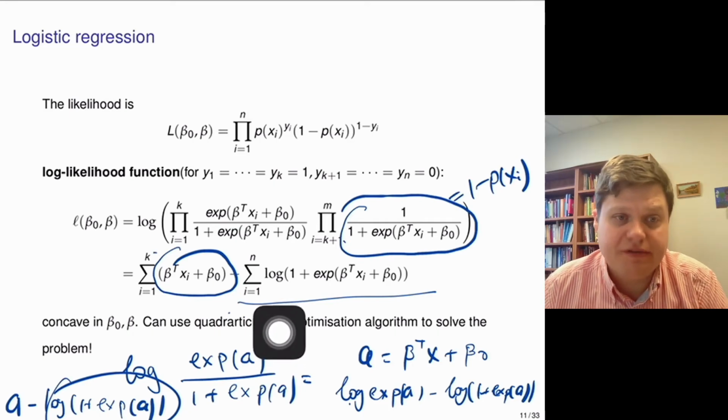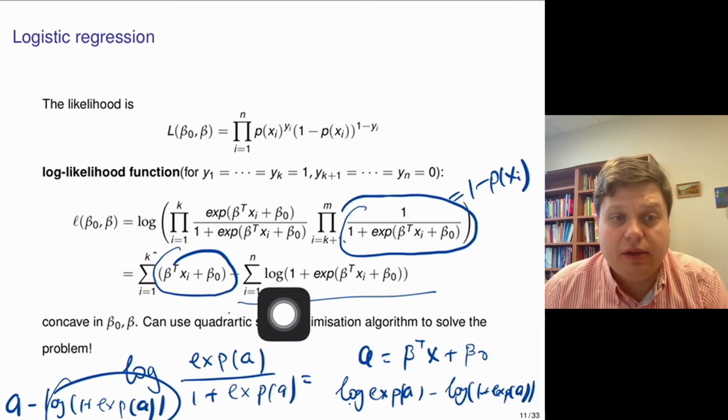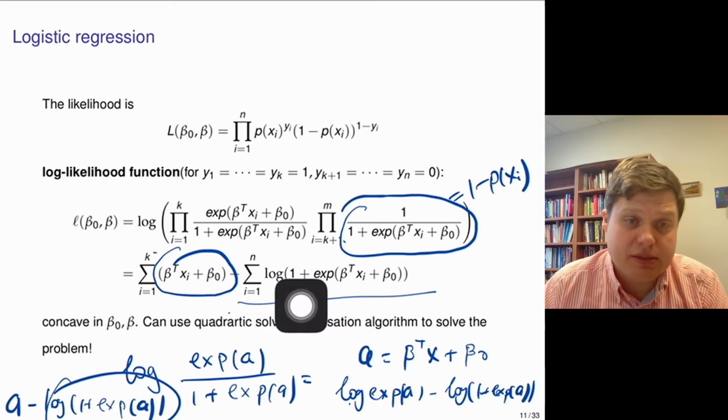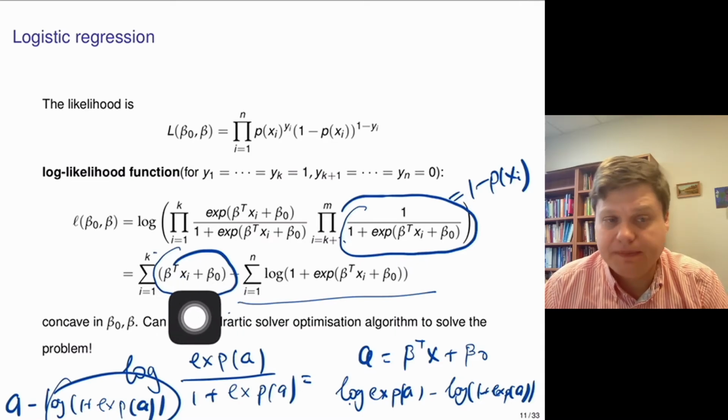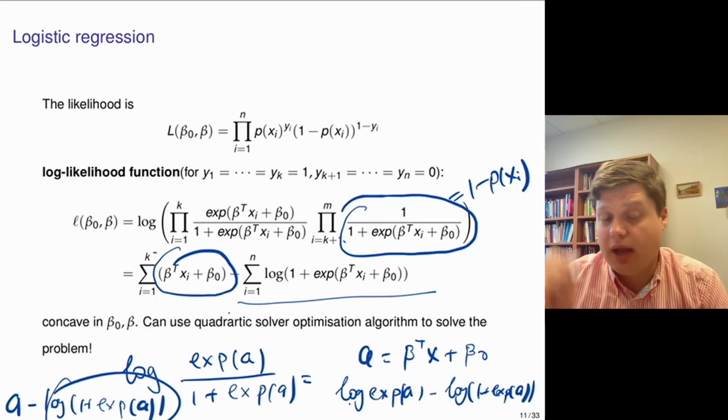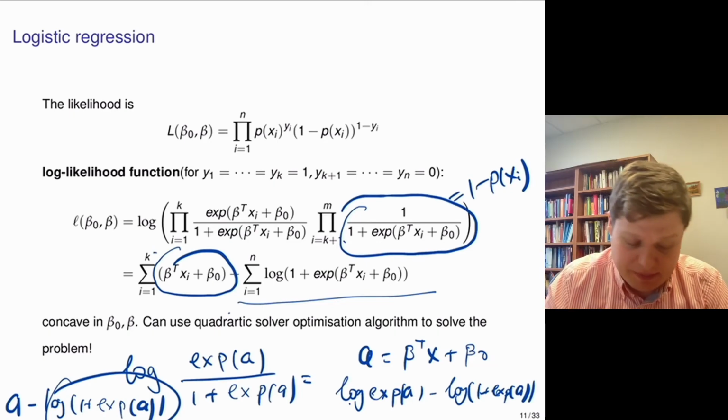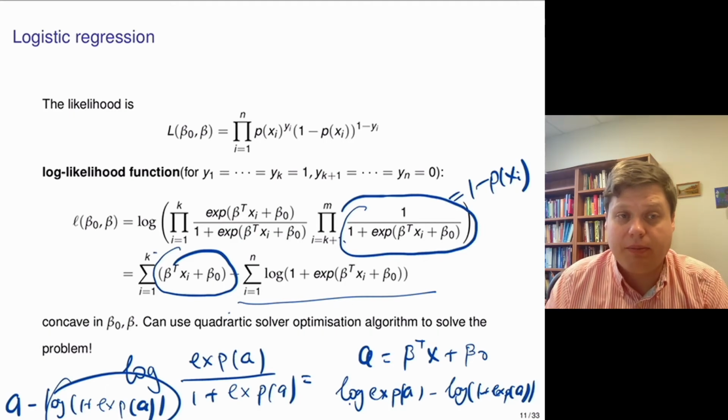Now, a couple of observations here: the log likelihood is concave in beta 0 and beta. First we have a linear part here, and a linear function is both concave and convex. Concave is what we care about because we're trying to find the maximum, and a concave function has a unique maximum. So when we have concavity, we basically guarantee that whenever we find the maximum point, this point is going to be unique.